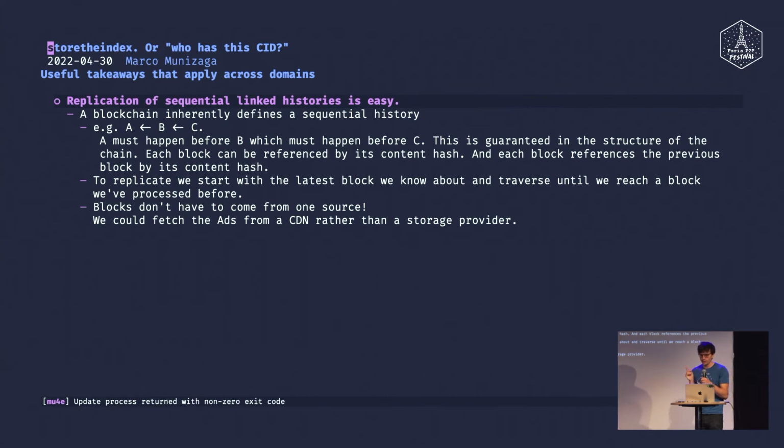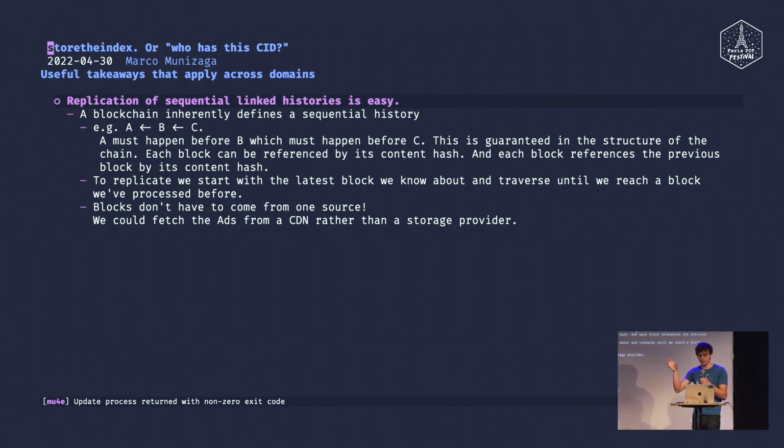One cool thing is in Store the Index, these blocks don't have to be provided by the storage provider themselves. You can imagine that many indexers all need to get this block of data of the advertisement, and you don't want all these indexers to always be asking the storage provider.